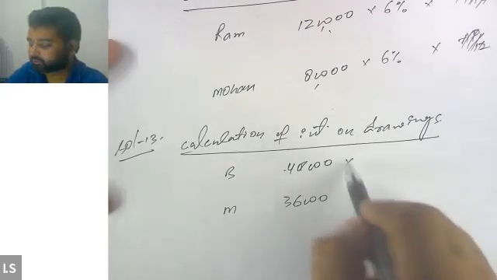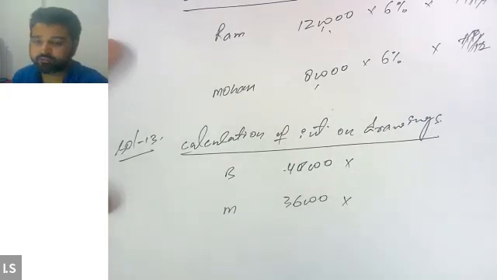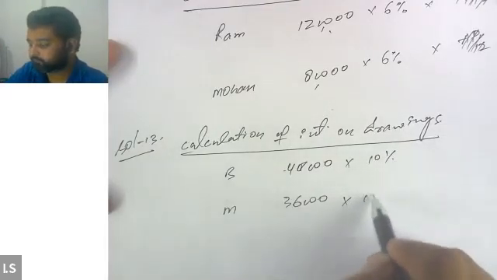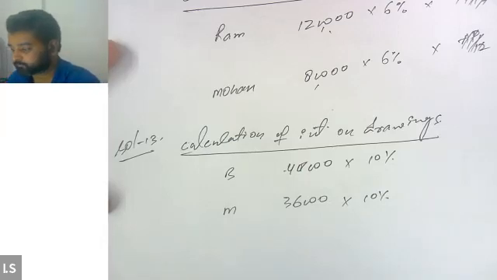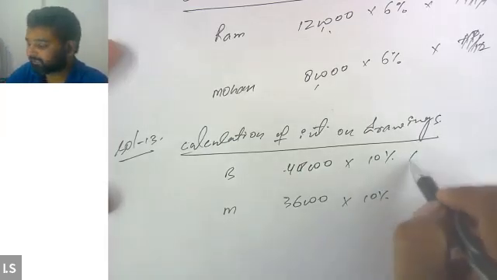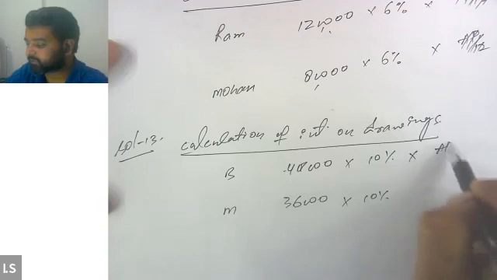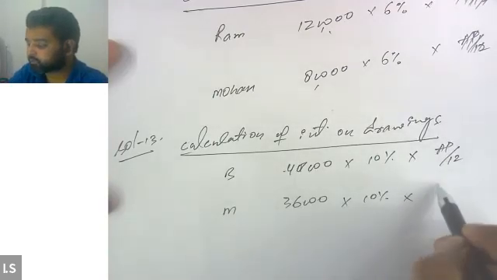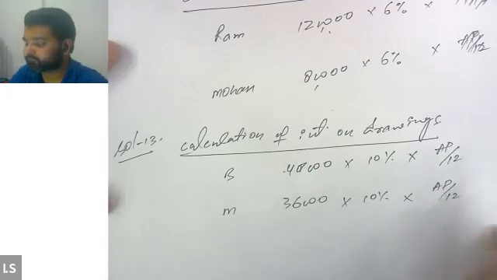Rate of interest is already agreed: 10% per annum for both the partners. Now we have to multiply it with the average period and divide it by 12. And here also, average period divided by 12.